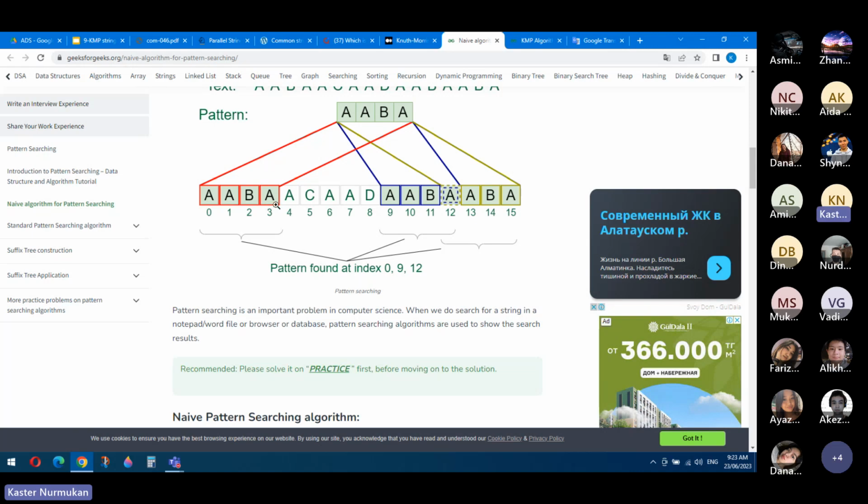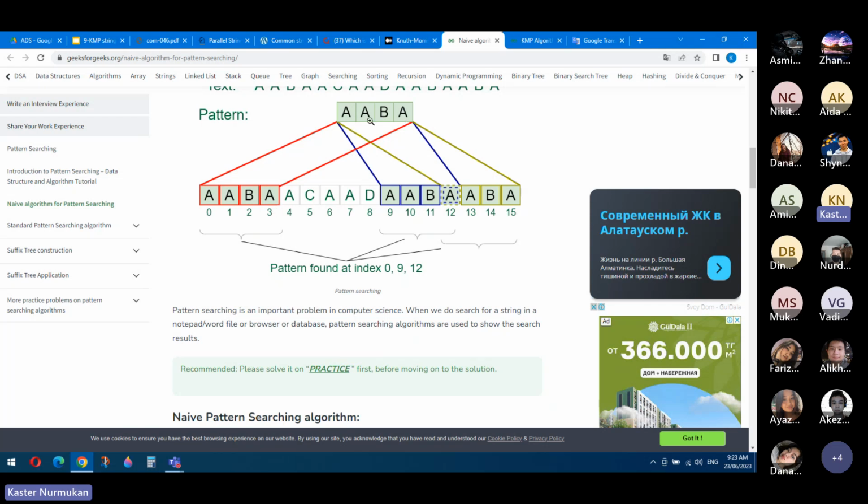So after that, this is the first time it appeared. Then each following time, for example the second time, they will just move by one index. They will compare A to A, then B to A, then A to A, and then A to A.